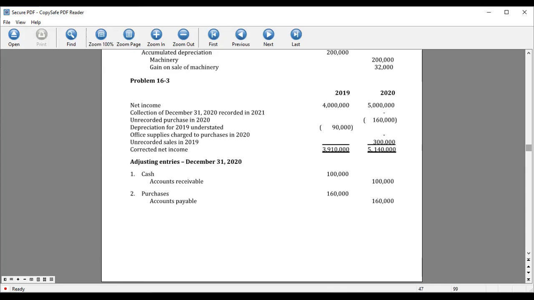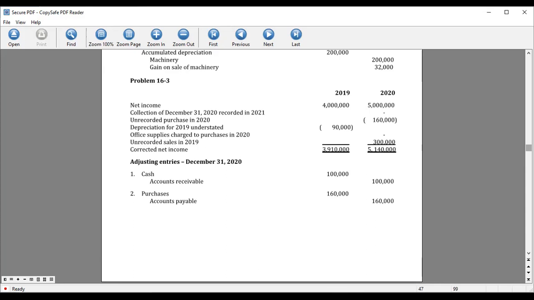Then we have office supplies are expense when incurred. So the amount of office supplies supposed to be expense when incurred. Sales on account of 300,000 December 2020 was recorded in 2021.